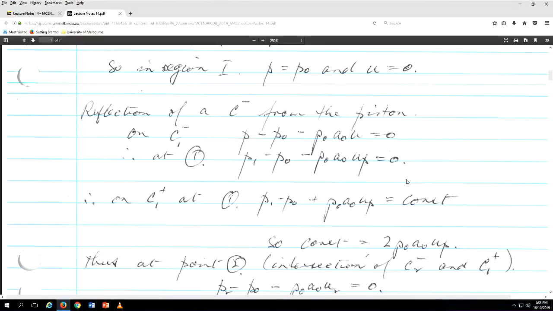So I can evaluate it at the piston, where I know the velocity, I don't know the pressure, and I can evaluate the constant at the closed end, where I know the velocity and I don't know the pressure. When I do the open end, I'll evaluate it when I know the pressure, but I don't know the velocity.